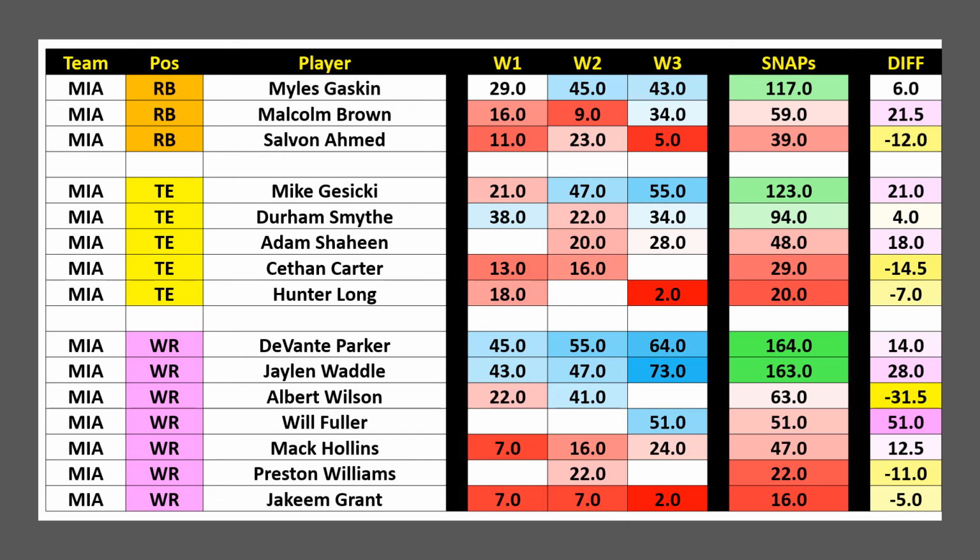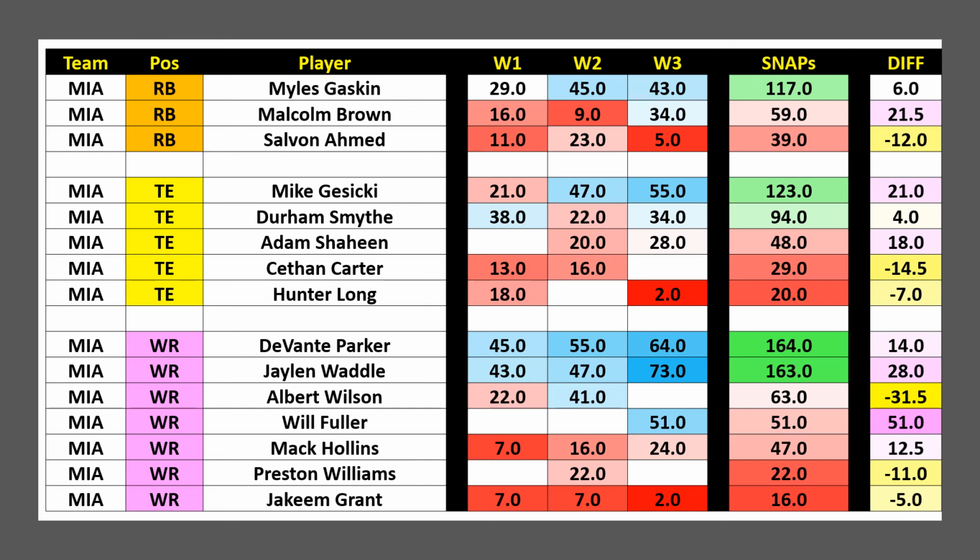Gesicki, I'm glad they're finally using him the most. He got a little bit of action, so I'm hoping to see more. Just don't know. They sure got a lot of tight ends, though. Waddle out-snapped Parker and Fuller. 1 A, B, and C there.